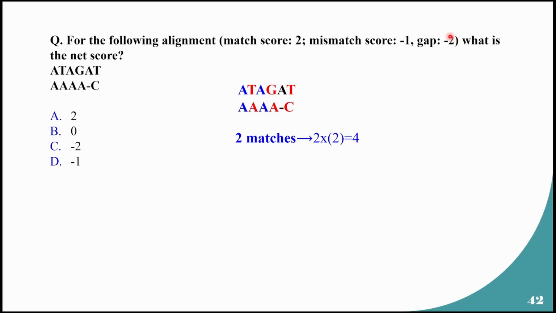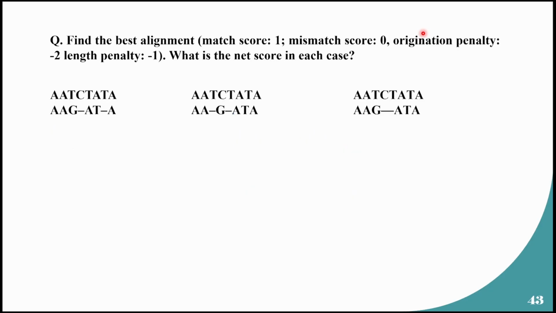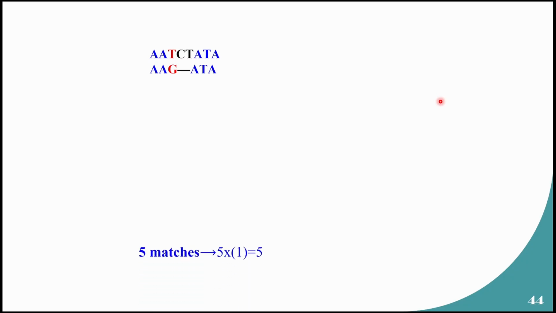So the gap is basically not favorable by evolution, more so in the case of an origination penalty, which is the origin of a new gap. So in certain scoring systems, if you have new gaps introduced in the alignment, then those will be receiving negative scores, basically, right? And then based on that, you can identify what is the most optimal alignment.